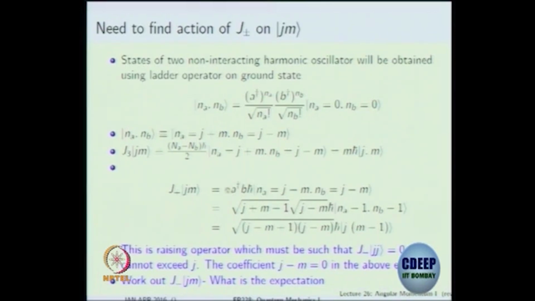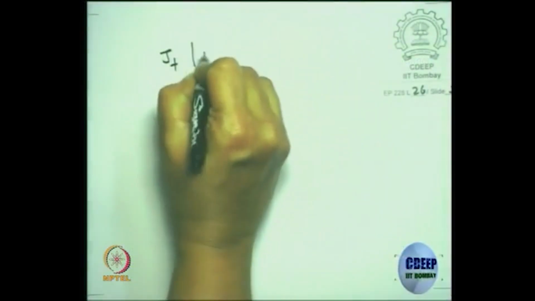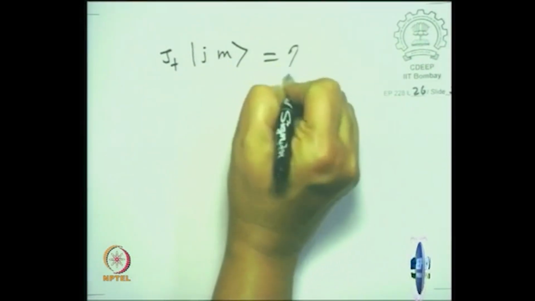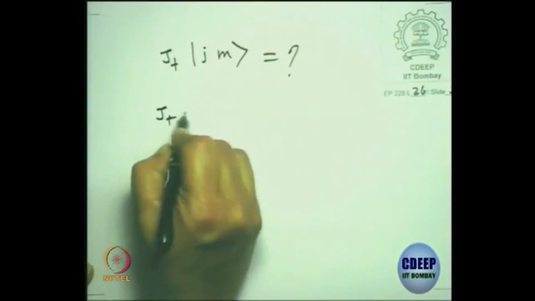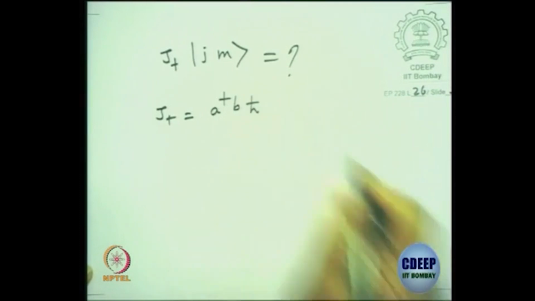That's a representation in terms of the harmonic oscillator operators, the J plus. That was my first slide in the Schwinger method. But you know how the B operates, how the A operates. So I want to know what is J plus on J m. J plus has a representation which is A dagger B ħ.